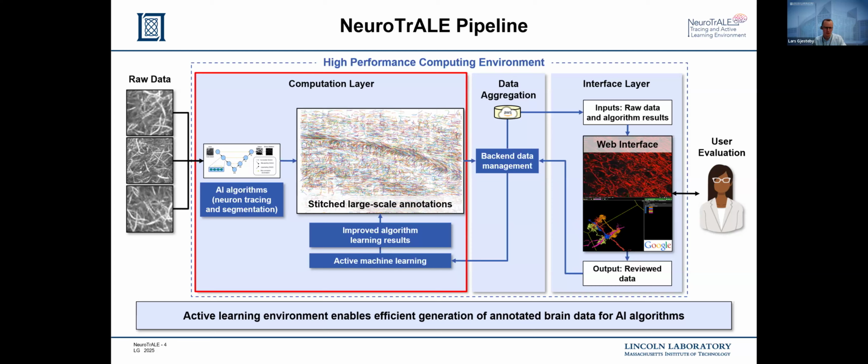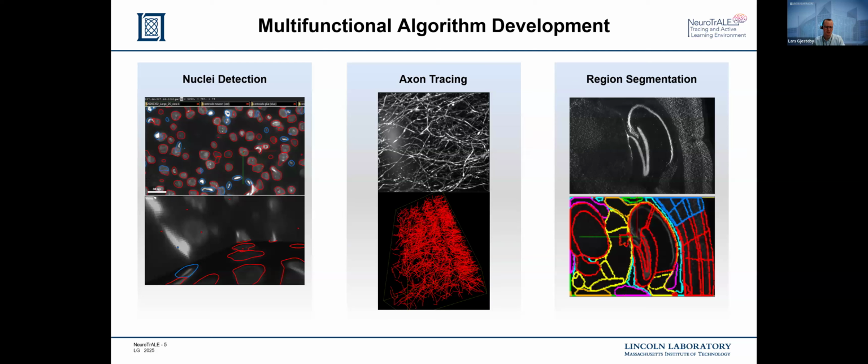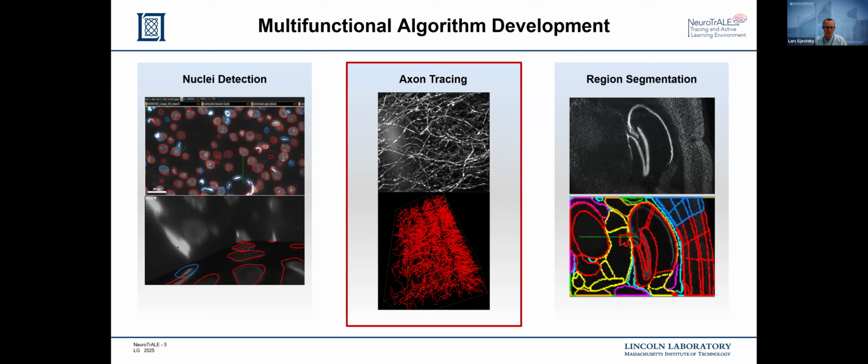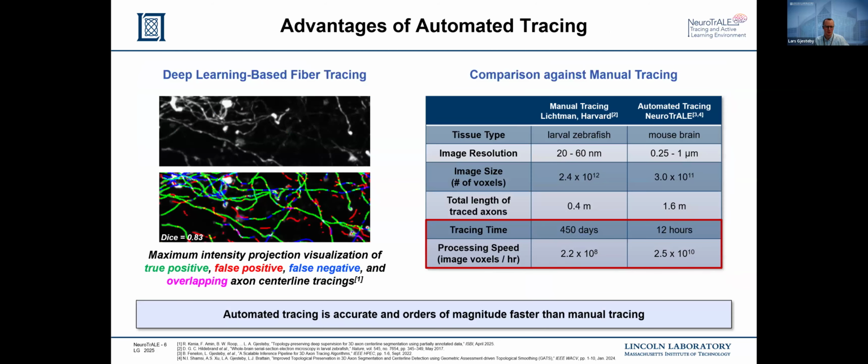I'll first dive in a little deeper on what's going on in the computation layer. So briefly, this computation layer can support multiple algorithms depending on different use cases and fields of view. Nuclei detection, axon tracing, and region segmentation are three examples. On the axon tracing side, we've developed deep learning algorithms to extract the center lines and trace axon fibers in dense imagery.